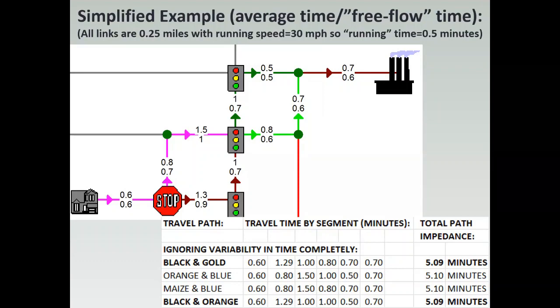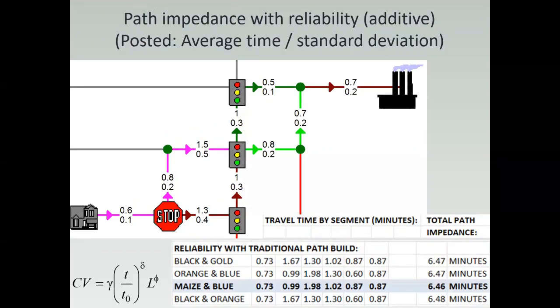You just look at the average travel time, which incorporates the intersection delay depending on the type of control you have. This slide shows it the traditional way.